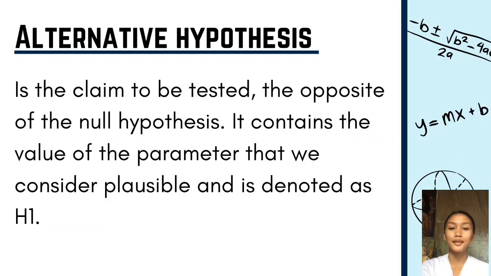Now let us discuss the alternative hypothesis. The alternative hypothesis is the opposite of the null hypothesis. It represents the conclusion reached by rejecting the null hypothesis. The null hypothesis is rejected when there is sufficient evidence from the sample data that the null hypothesis is false.